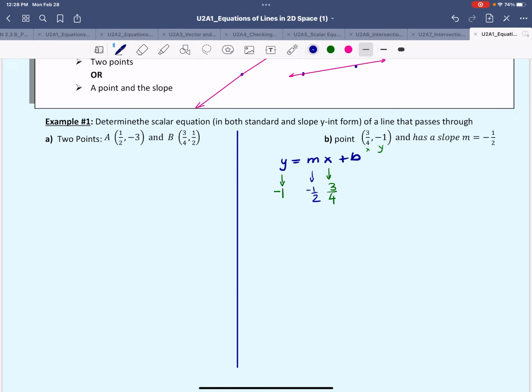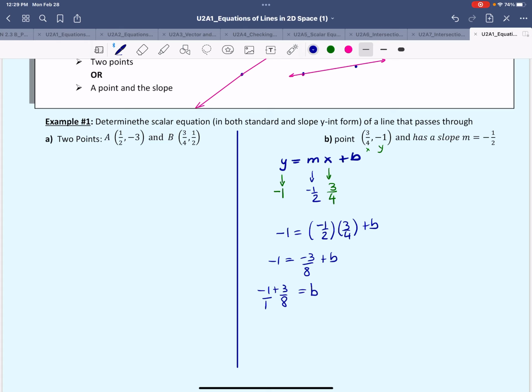With all the information given now, I'm going to rewrite the equation. Negative 1 equals negative 1 over 2 multiplied by 3 over 4, and then plus b. Simplify each side, so that would be negative 3 over 8 plus b, and then solve for b. So the value of b is negative 1 plus 3 over 8.